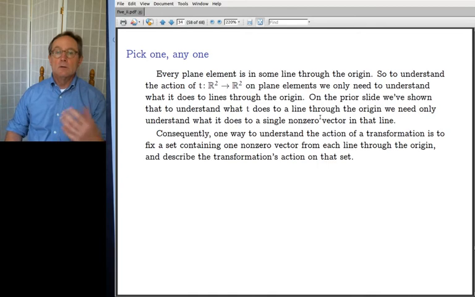Summarizing all the previous stuff, one geometrical, draw-some-pictures way to understand the action of a transformation is to fix a set containing one non-zero vector from each line through the origin and describe what the map does on that set. Then I'll understand, in some sense, what the map does to every point in the plane.